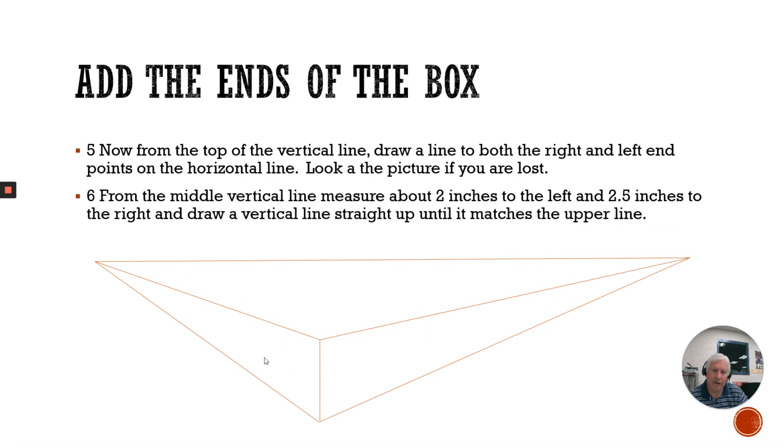Once you get those 2 lines drawn, you are then going to measure from this center vertical line. You're going to measure this way about 2 inches, and you're going to put another vertical line. And then you're going to go this side to the right about 2.5 inches, and then put another vertical line.